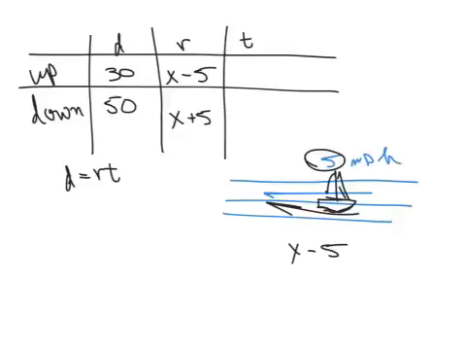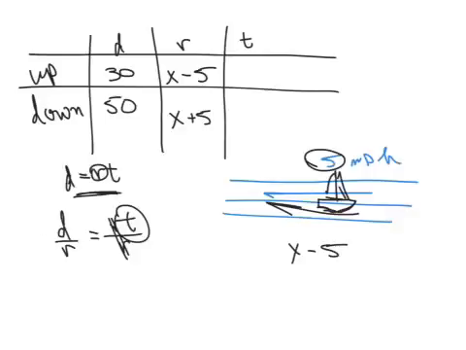And one of the things that you learn about your time is, if you've got this formula, in order to find the amount of time it takes, we're going to have to get rid of this r here. So we're going to divide both sides by r, so we can just find the time portion of that.